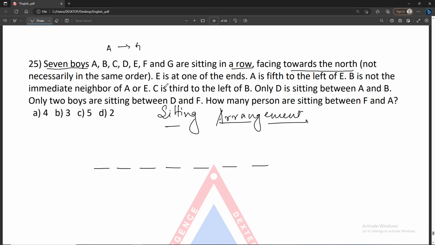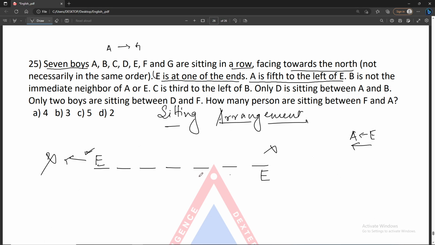The first line states E sits at one of the ends. So E can be here and E can be here, and then we have A sits fifth to the left of E. That means A should be here to the left, but in this case A does not have any place, so this possibility cancels.